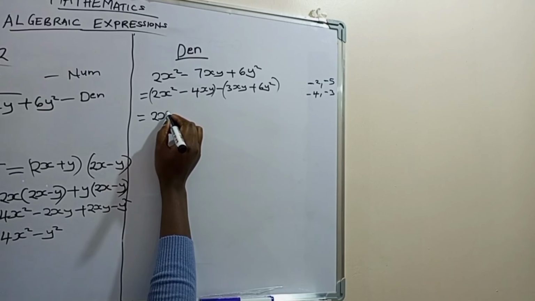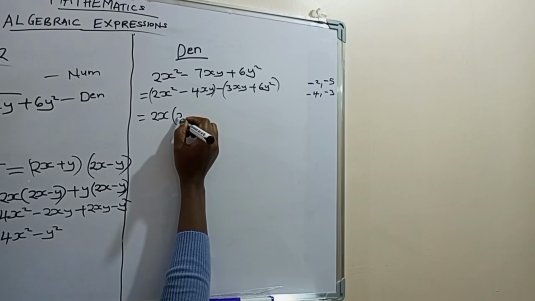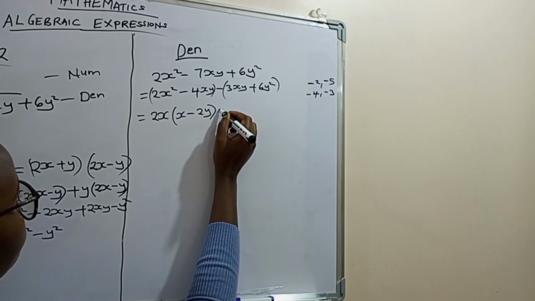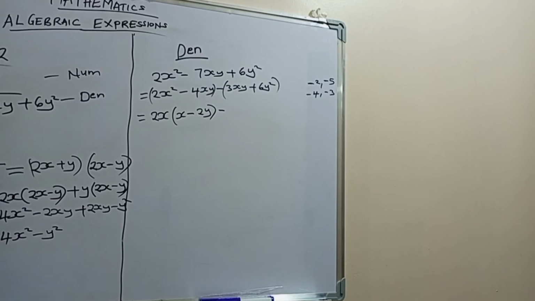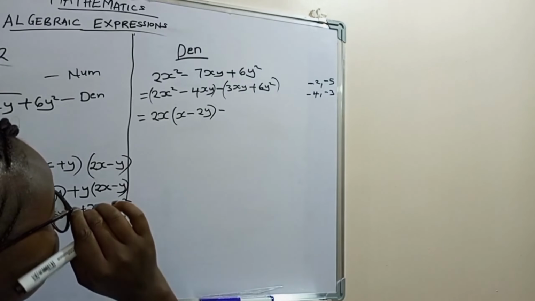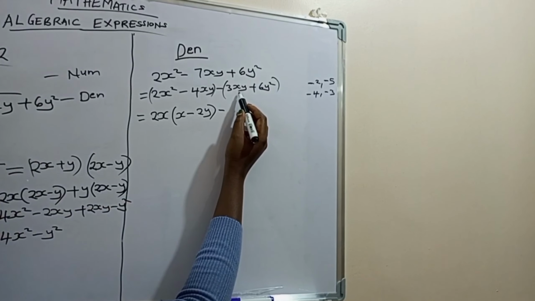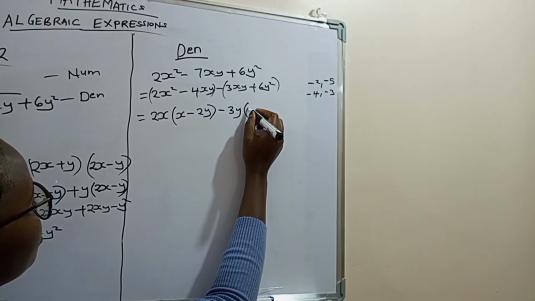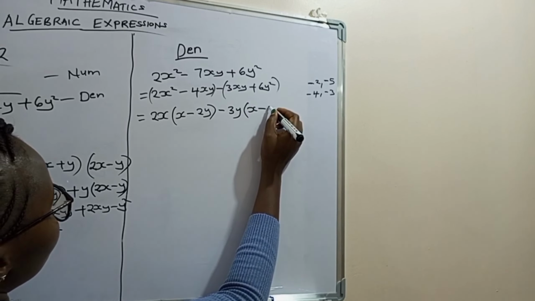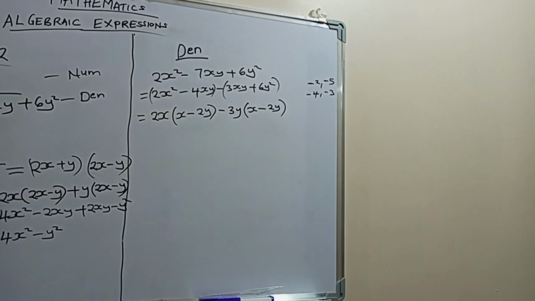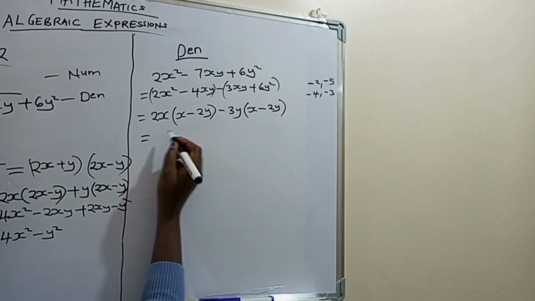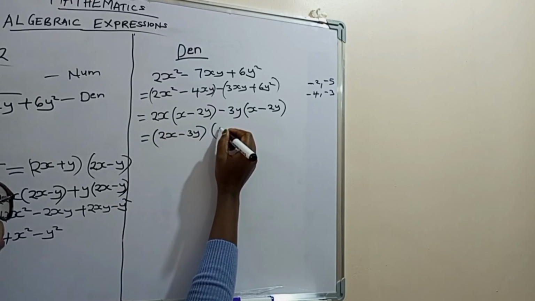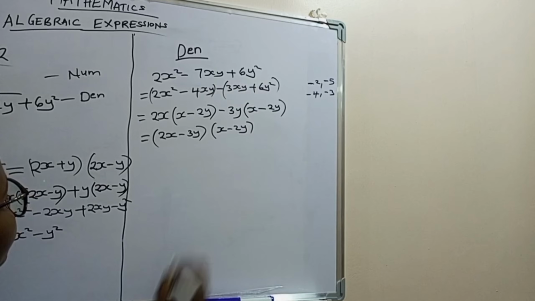So we have 2x into x minus 2y, minus the other bracket. What's common is 3y. So we remain with x minus 2y. So in this case, further, we get 2x minus 3y into brackets x minus 2y.